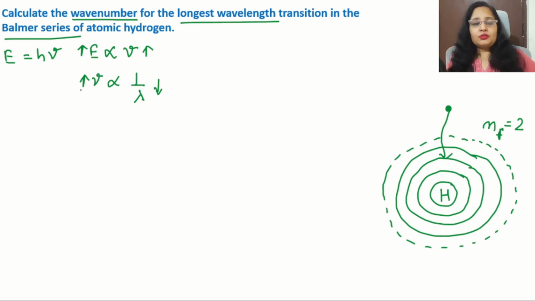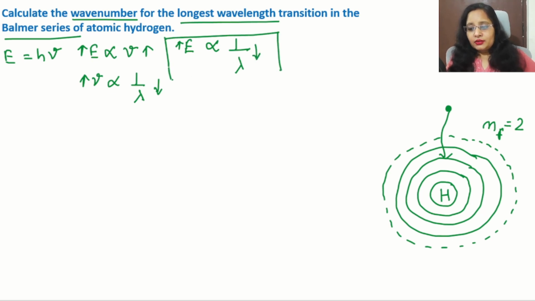So from these two relations, we can create one more relation between energy and wavelength: E is inversely proportional to wavelength. So we can say if energy is increased, wavelength will decrease, and vice versa. Using this relationship, we will find when the longest transition will happen.